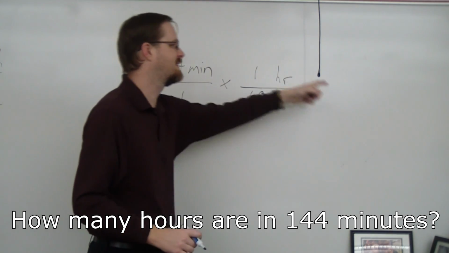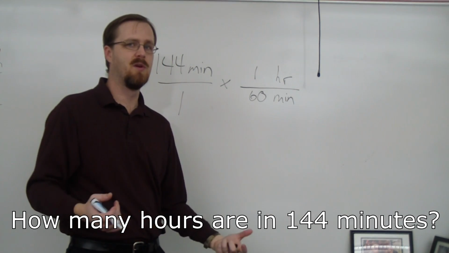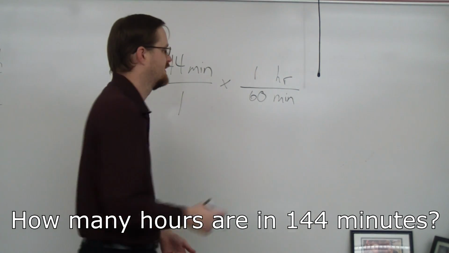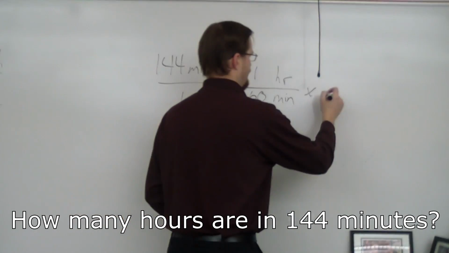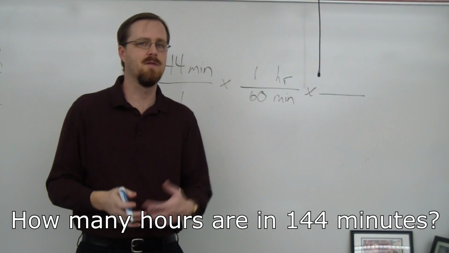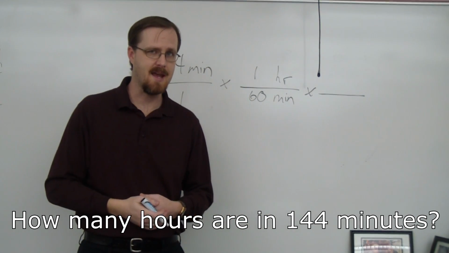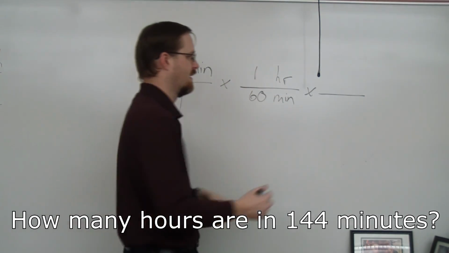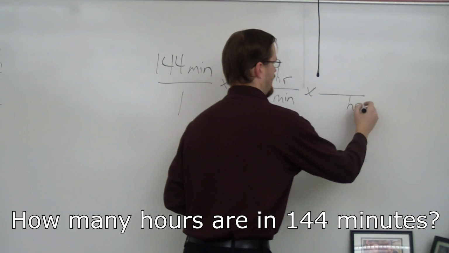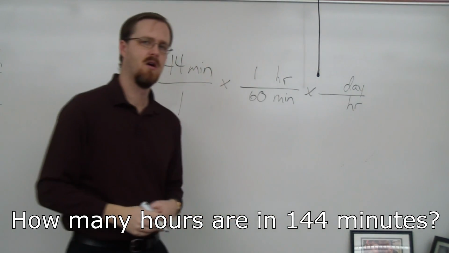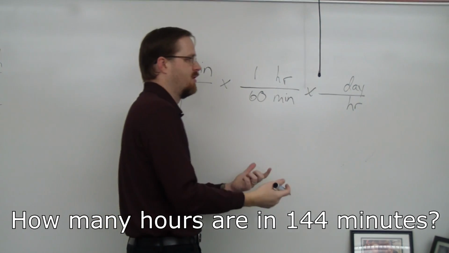I could even extend this out even more if I really wanted to. Like say, what if I wanted to go to number of days? Okay, well, I have another fraction line. My conversion factor is that there are 24 hours for every 1 day. Okay, so since hours is on top here, I'm going to put hours on the bottom here with days on the top, and then I put in my numbers, right?